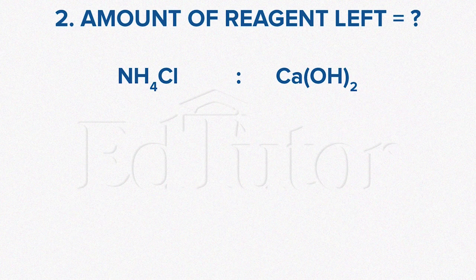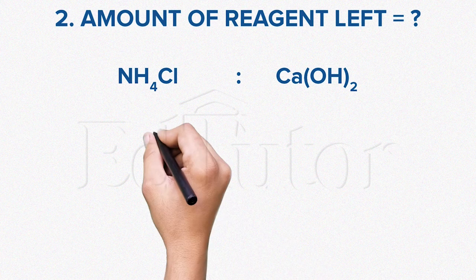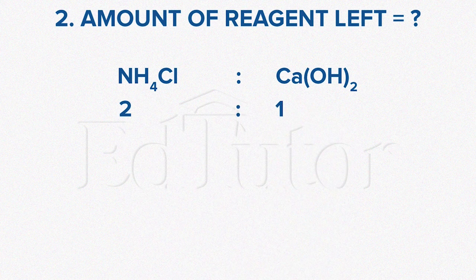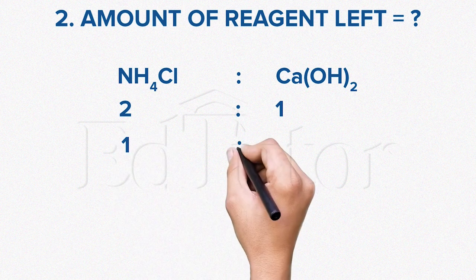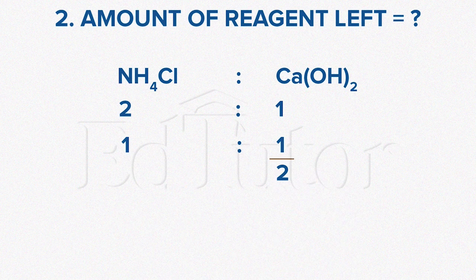And we will write it as a ratio, ammonium chloride is to calcium hydroxide. In the equation, isn't it visible that we have got 2 moles of ammonium chloride with 1 mole of calcium hydroxide? So, can you guess what the ratio will become? It will be 2:1.